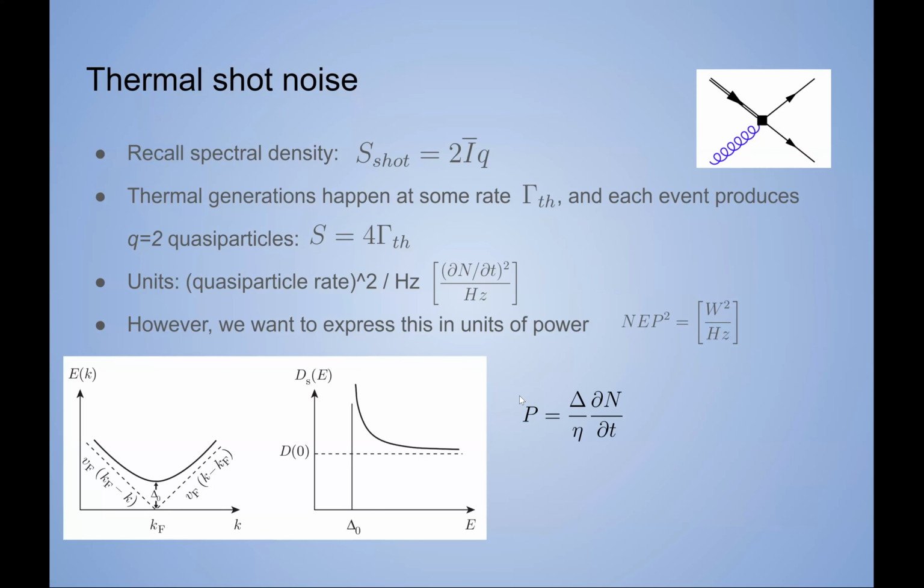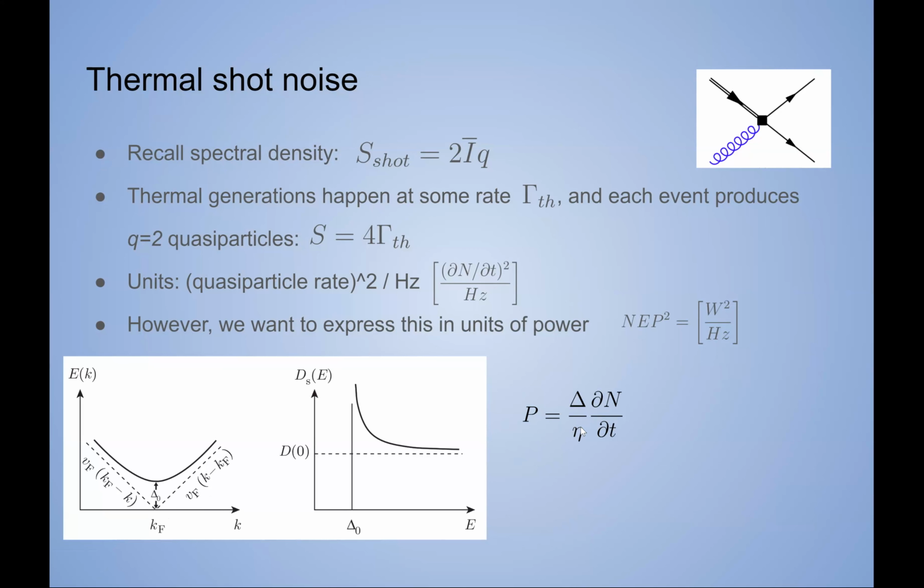To convert that, I mentioned that Cooper pairs are an energetically favorable state. That just means that to break that pair, you need to put in an energy of delta per particle. So that's this gap here. That means the relationship between the power and the rate of quasiparticle production is just delta, the energy per quasiparticle, divided by some efficiency factor eta.